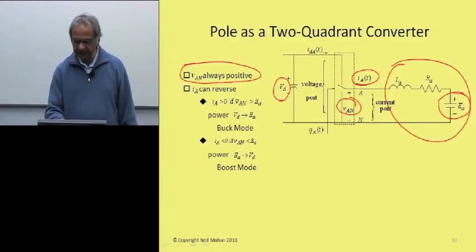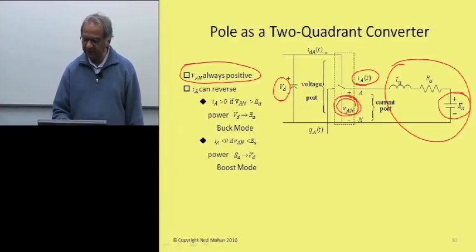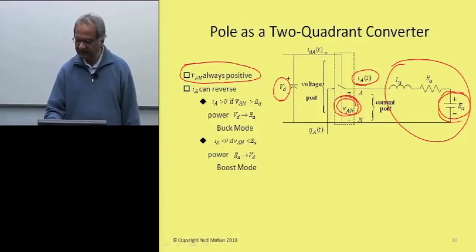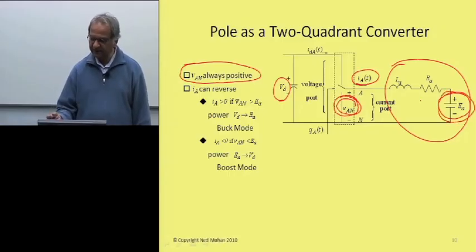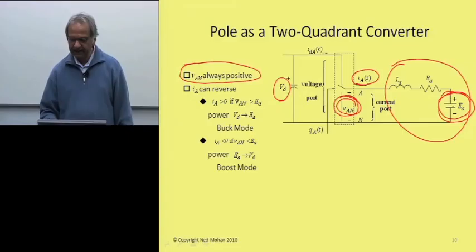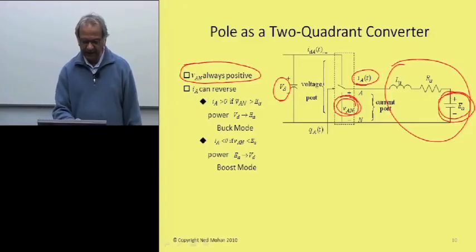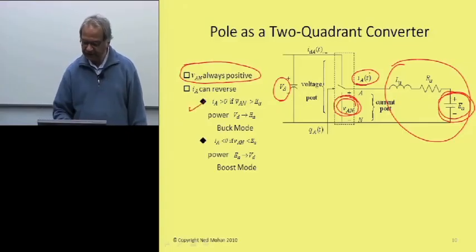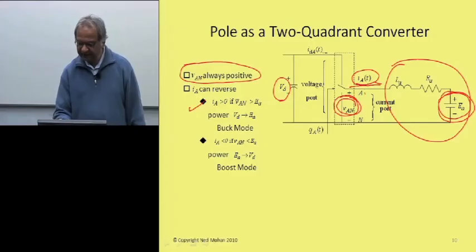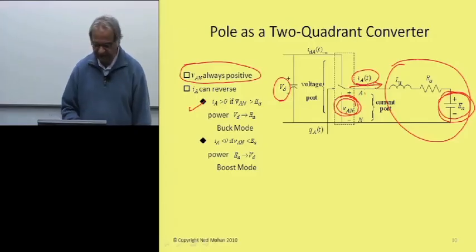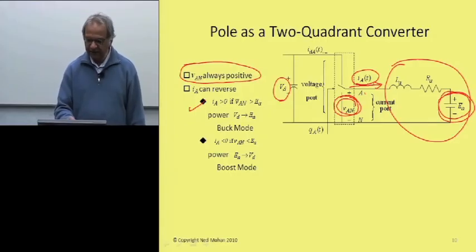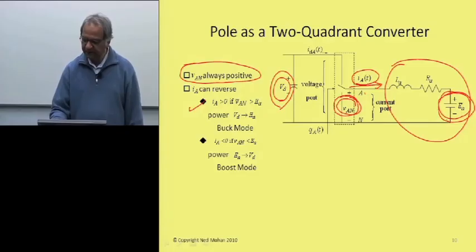If the average voltage you are producing across the current port is greater than this induced EMF within the DC motor, EA, then the current IA would be greater than 0 with the direction shown. With that direction, it will be greater than 0, and the power would flow from here to here.